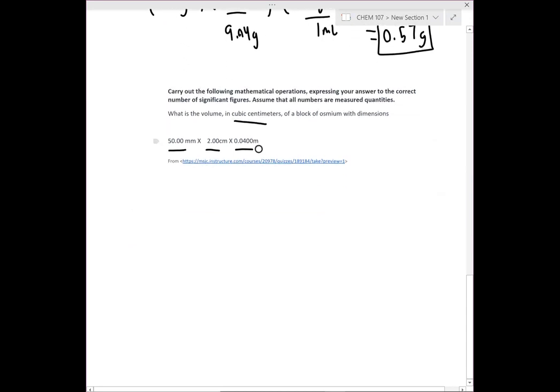We need to make sure that our answer follows sig fig rules, and so we'll treat this as 3 separate unit conversions. So I'm converting 50 millimeters to centimeters. 2 centimeters can stay exactly as is, and I'm converting 0.0400 meters into centimeters. So now that I have my problem map set up, let's execute on my unit conversions.